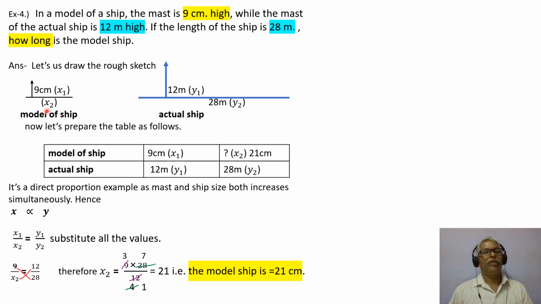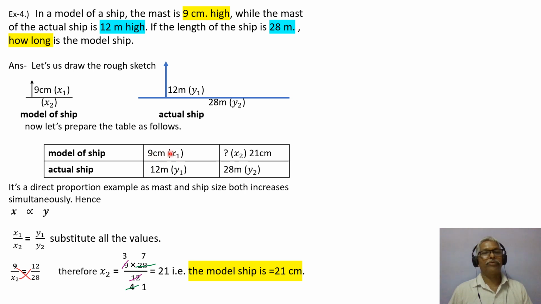So we'll prepare this mathematical expression by using these denominations. x1 for mast in model, and x2 for length of the model. Similarly here, mast y1 and length y2. Now prepare this table. Model of a ship.